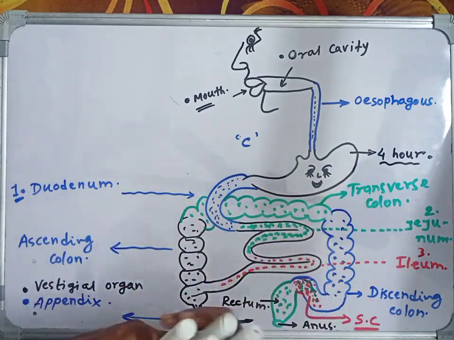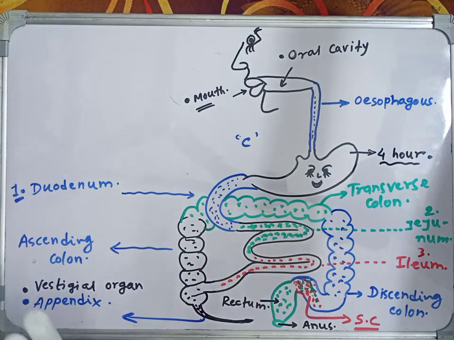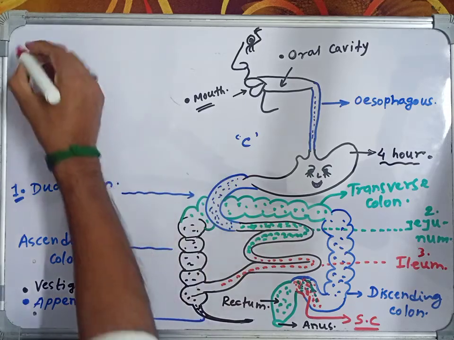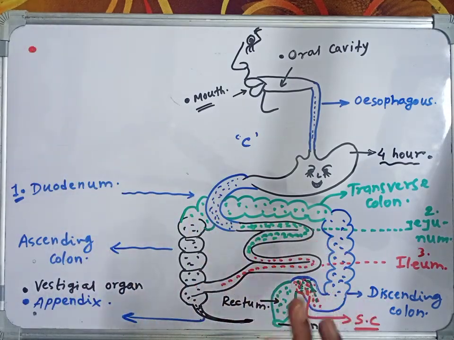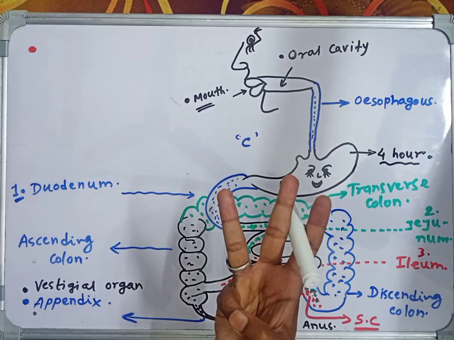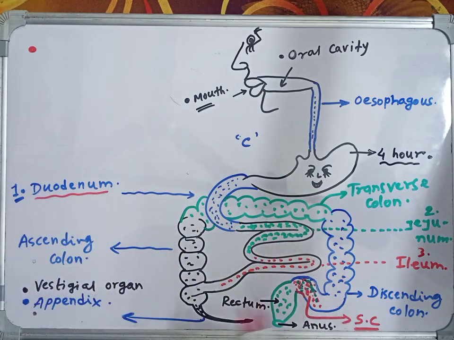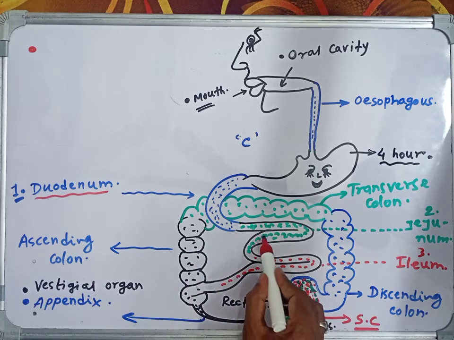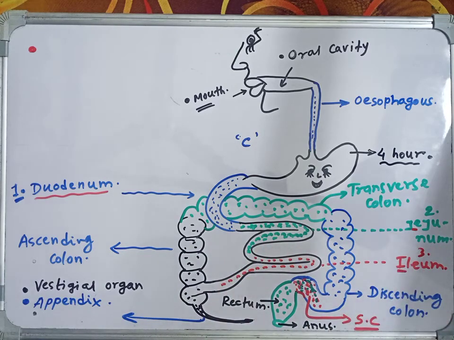I already mentioned it. So there is another champion MCQ for you, my dear student. Again focus, another champion MCQ. First of all, you need to develop a very crystal clear idea. The small intestine has how many parts, my dear student? 3 parts. The first part of the small intestine is called the duodenum. The second part is called the jejunum, and the third part is called the ileum, right?